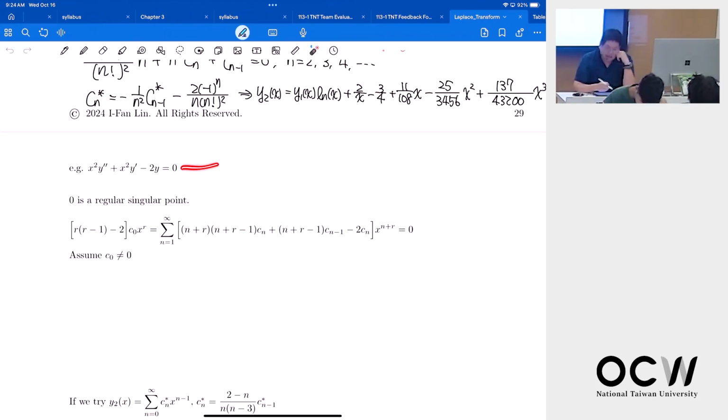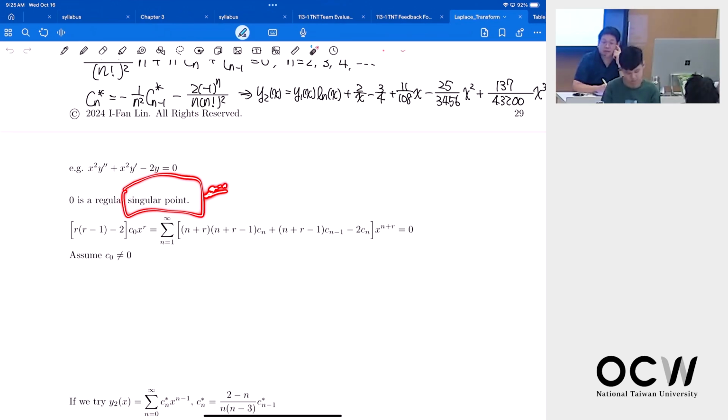And you can check by yourself it is a singular point. And once it is a singular point, then we need to figure out if it is a regular singular point or an irregular singular point. If it is a regular singular point, then we can use the Frobenius series. If it is an irregular singular point, that's beyond our scope. You will learn that later or in the future, not in this course.